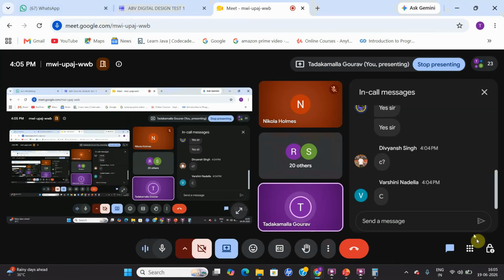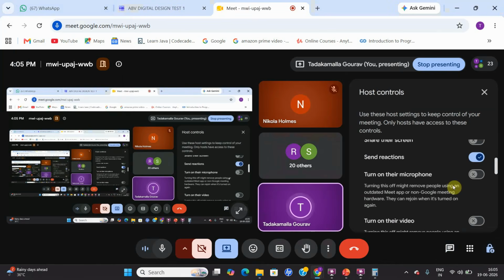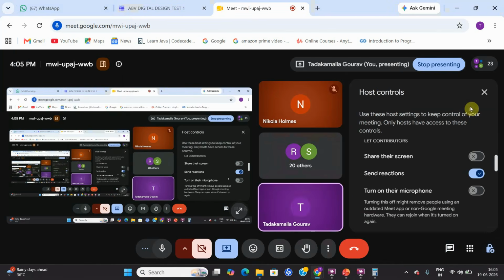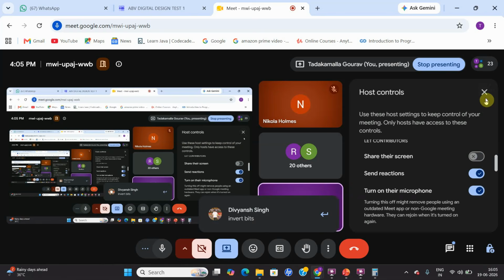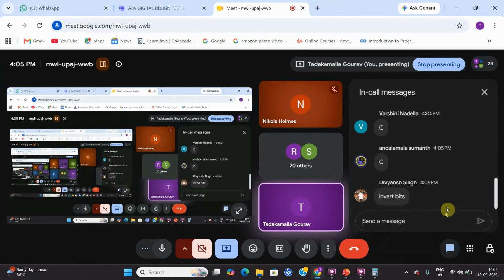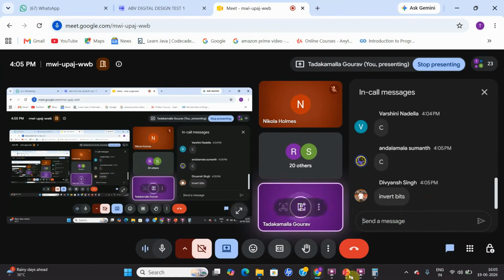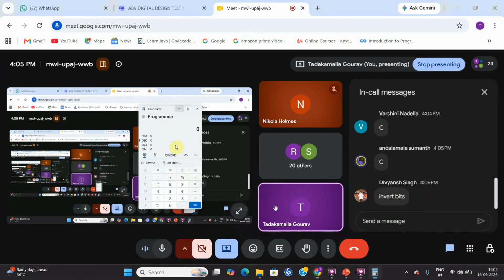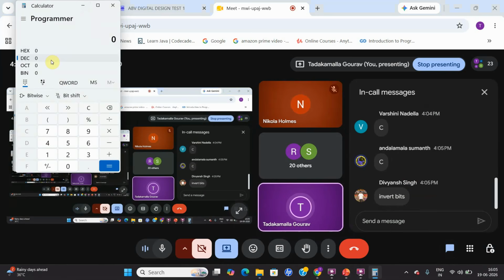So what is the process you're following for performing this? You can also unmute your mic if you want. Exactly. So you're going to just invert the bits, right? So 34 is 00100010.